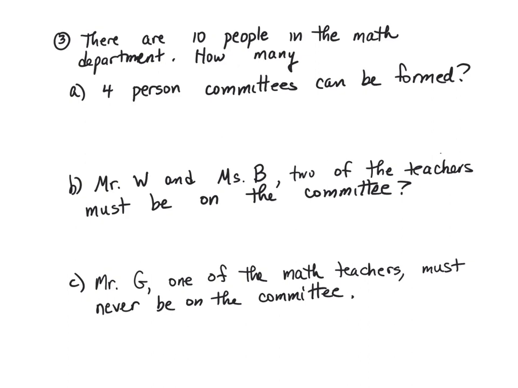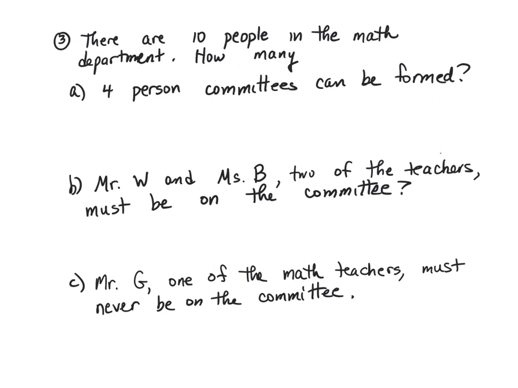And I wanted to contrast it with one problem. Suppose we have 10 people in the math department. How many, A, 4-person committees can be formed? B, Mr. W and Miss B, 2 of the teachers from the math department, must be on the committee. And C, Mr. G, 1 of the math teachers in the math department, must never be on the committee.